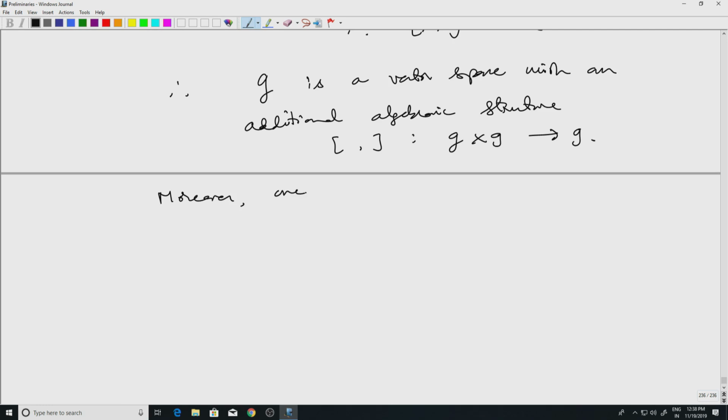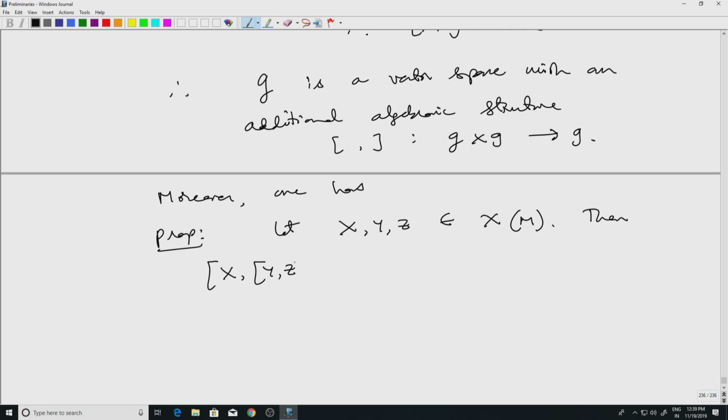One has, let X, Y, Z be vector fields on any smooth manifold, not necessarily a Lie group. It's like associativity doesn't hold.